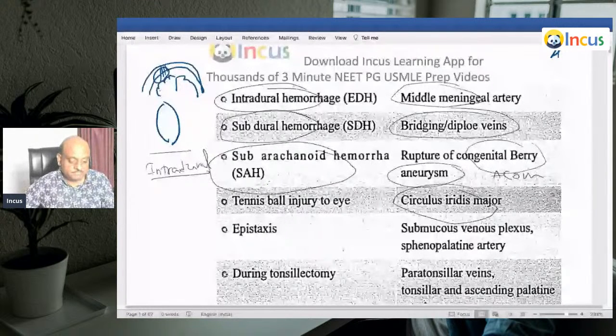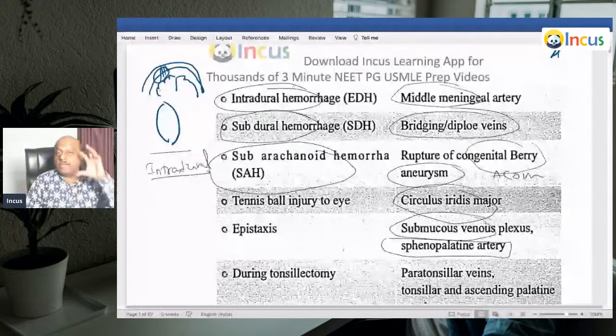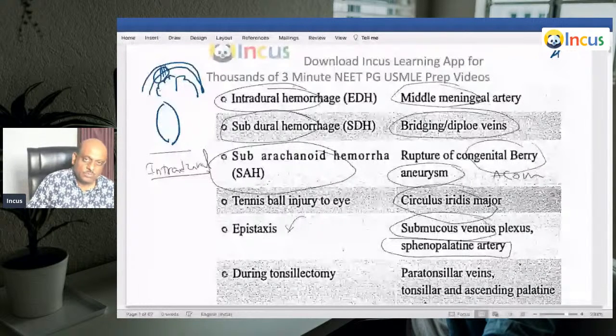And whenever there is an epistaxis, it is the submucous venous plexus and the sphenopalatine artery which are involved. During tonsillectomy, it is the paratonsillar veins and the tonsillar and ascending palatine vessels which are the source of the bleeding, is what you have to emphatically remember.